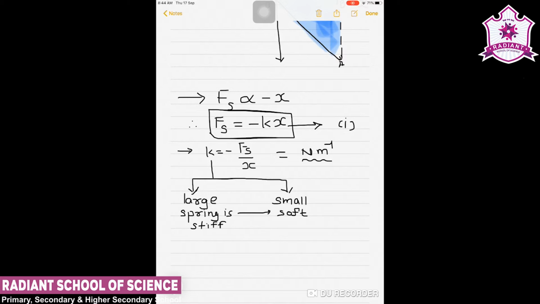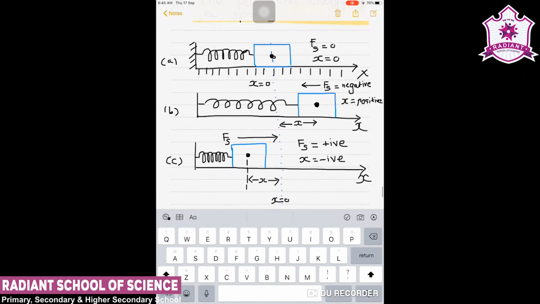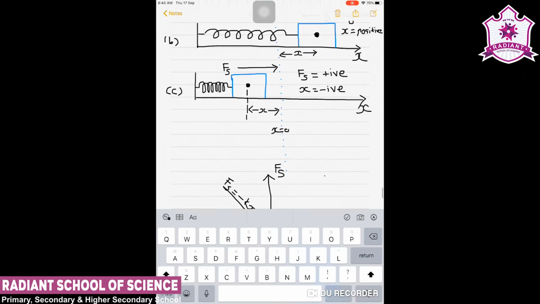Now suppose we pull the block outward as shown in the figure above as B. So if we move it towards the right hand side, that means we pull the block outward, and if the extension is xm, where xm is the maximum extension, the work done by the spring is given by the following formula.